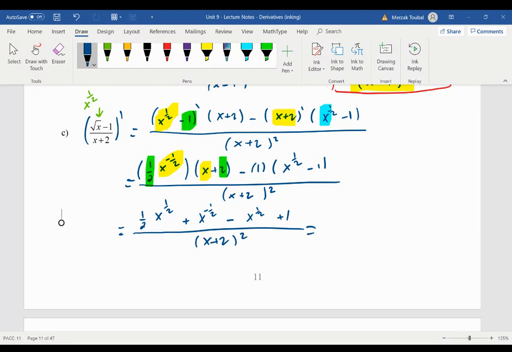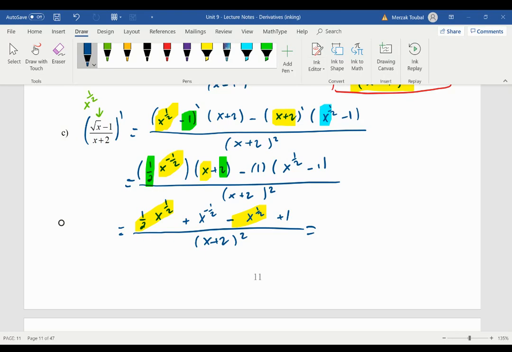Now, let's simplify. 1 half x to the 1 half minus x to the 1 half. Looks like those are like terms, which will be negative 1 half x to the 1 half. Or let me use square root of x at this time. Or let me just do that when we're done.